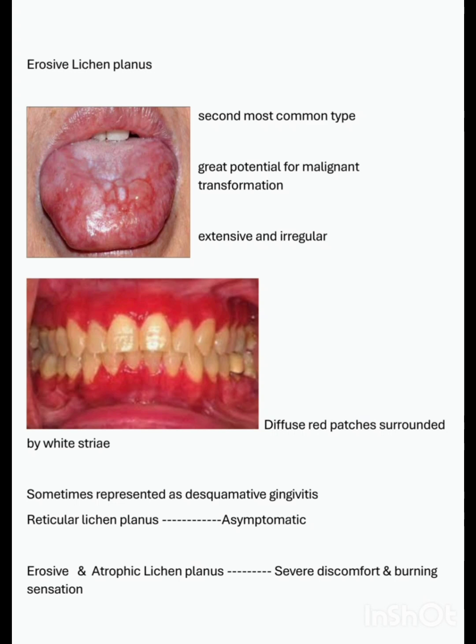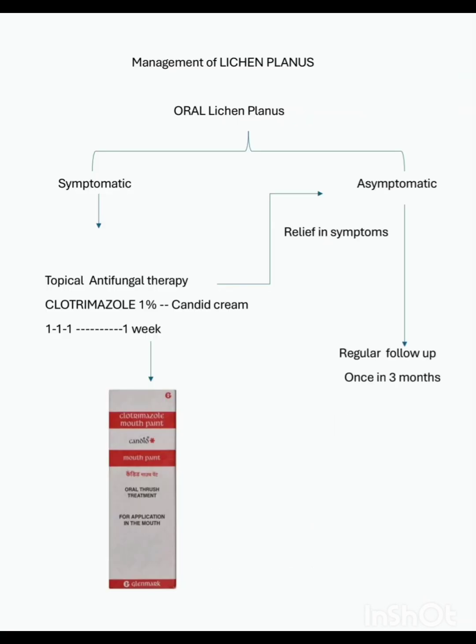It primarily affects the lingual and buccal mucosa. Furthermore, atrophic lichen planus clinically appears as diffuse red patches surrounded by white striae, sometimes presenting as desquamative gingivitis.